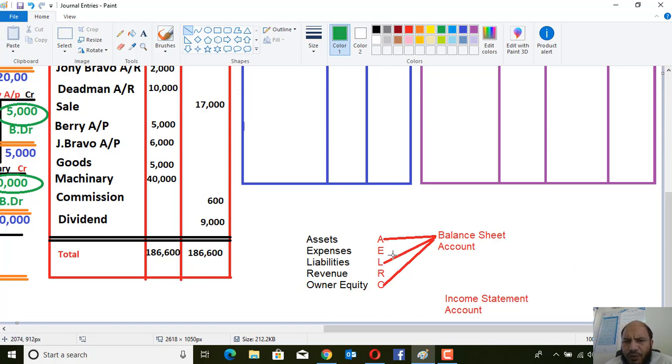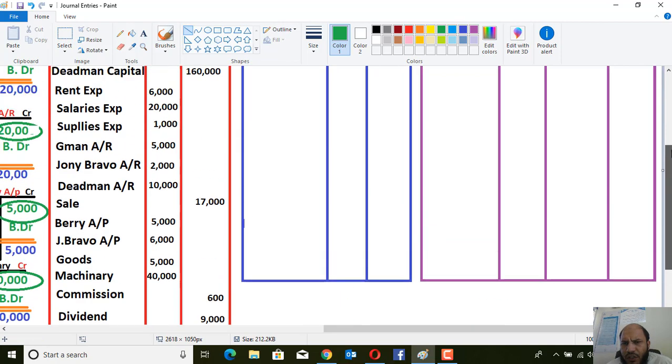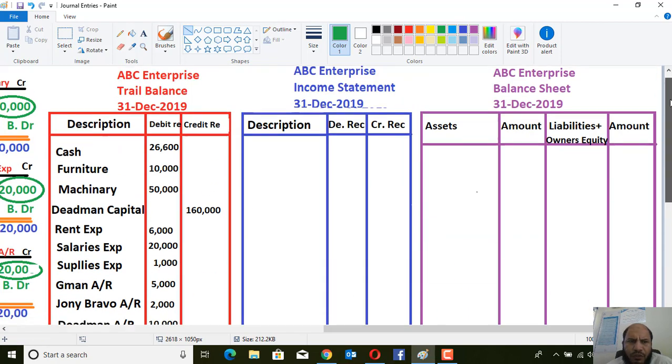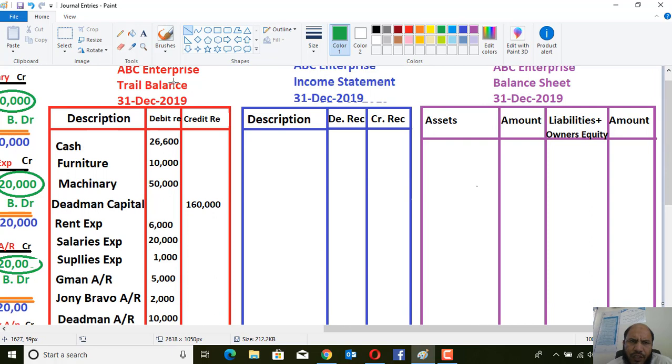But the rest, up to the expenses, are income statement accounts, and revenue is also an income statement account. So we will take all the revenue accounts from this trial balance and we will put this in the income statement. We will take all the balance sheet accounts and we will record that over there in the balance sheet. So let's nominate each and every account over here.